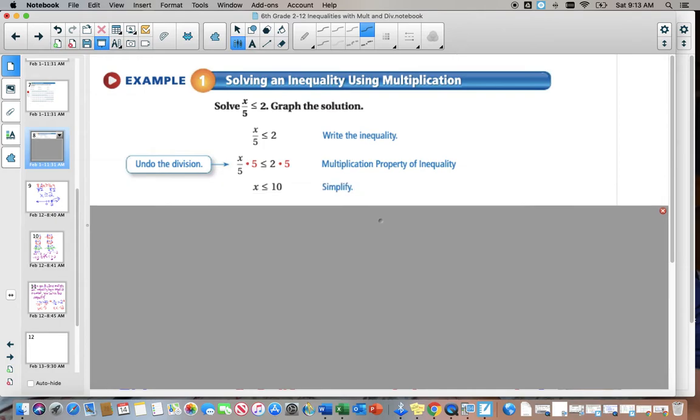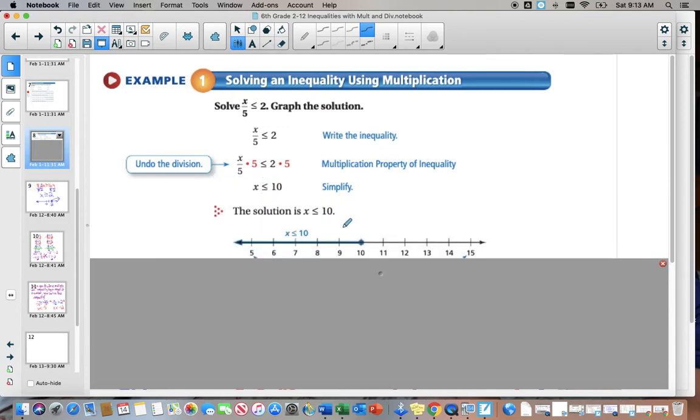And so that's going to give us x is less than or equal to 10. Now, we have a closed circle because it's or equal to, and then we want all the values less than 10. So that's where we're going to have a closed circle and then all the numbers to the left.